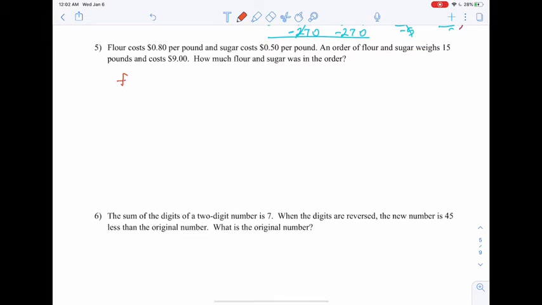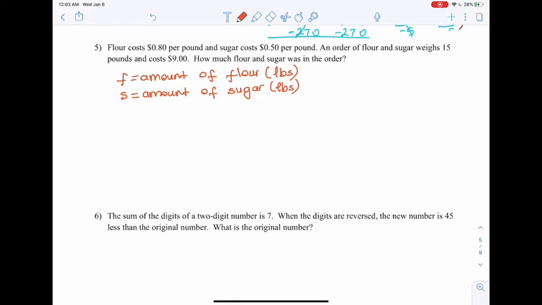F is the amount of flour in pounds, and S is the amount of sugar, again in pounds.